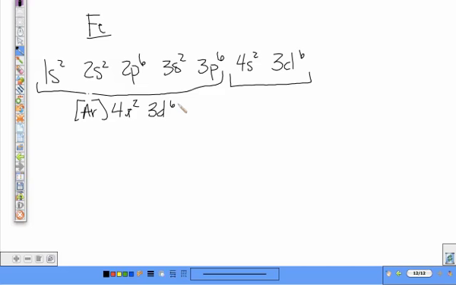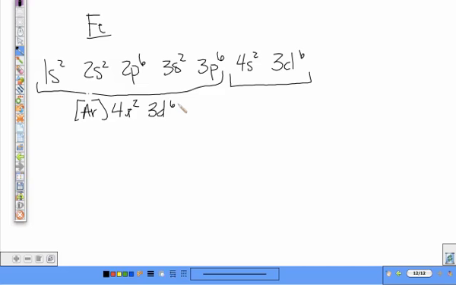Those match up until the D. And that's because D is an L value of 2, right? So the first time you can have a 2 as an L value is if n equals 3, because when n equals 3, you can have L values of 0, 1, and 2.